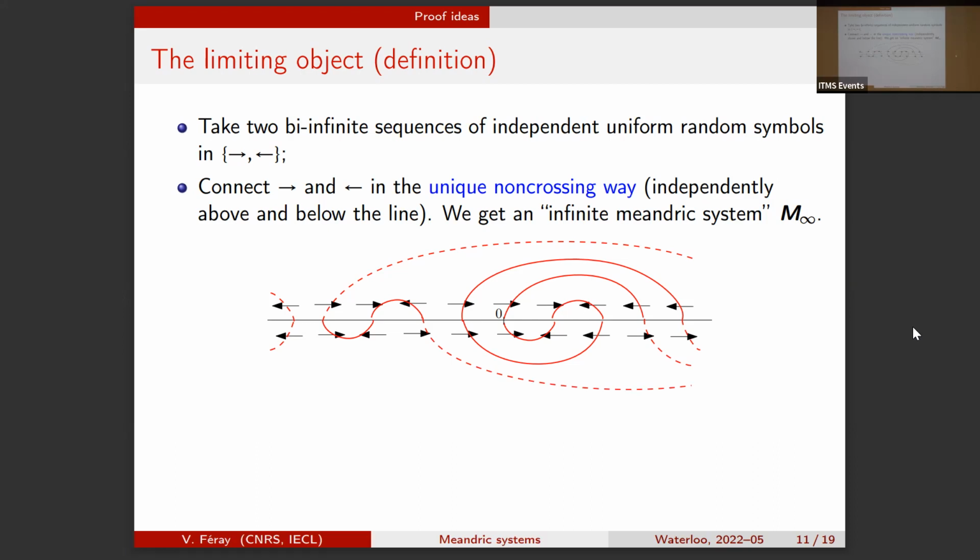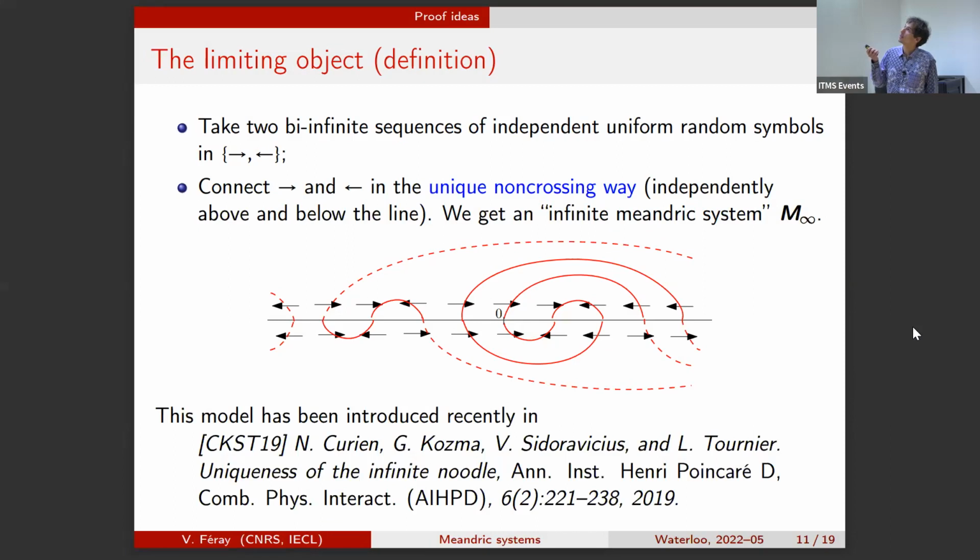And what you get like this is what is called the infinite nodal. Not exactly what they call infinite nodal, it's more the potentially infinite components there, but I will call this picture the infinite nodal. And it was in fact introduced in a recent paper by several authors. So it's interesting to run into this object too.